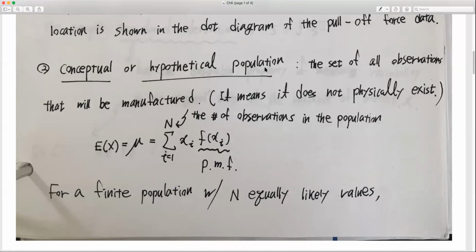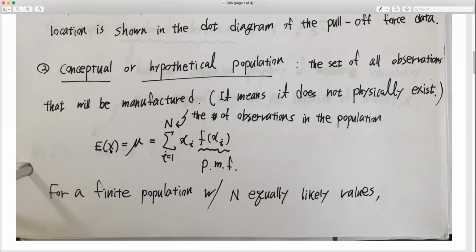The population is the set of all the observations, but it's hard to figure out. For example, if you want to figure out the mean of men's height in the US, we would have to figure out every single man's height in the US. In practice that is really difficult, almost impossible, so we say this is a hypothetical or conceptual population. The population is the set of all the observations, but the sample is just a small group, a subset of the population.